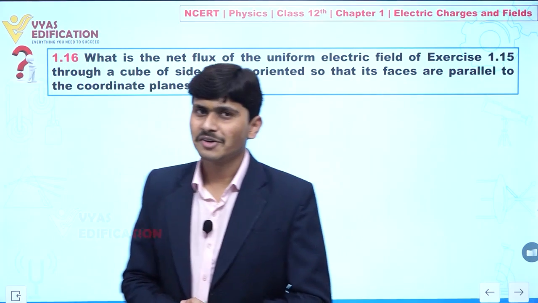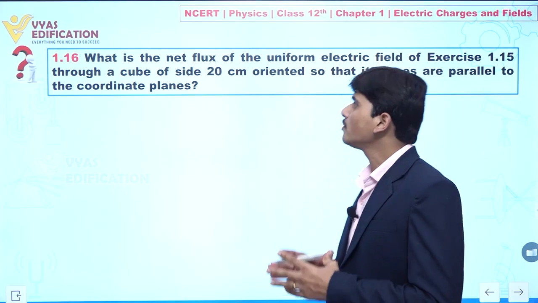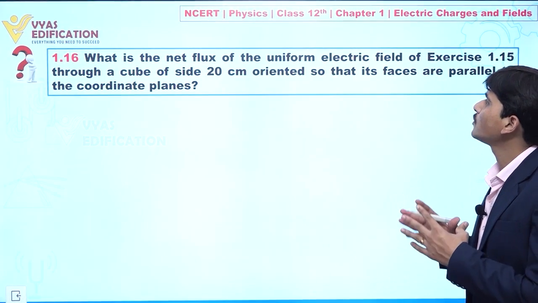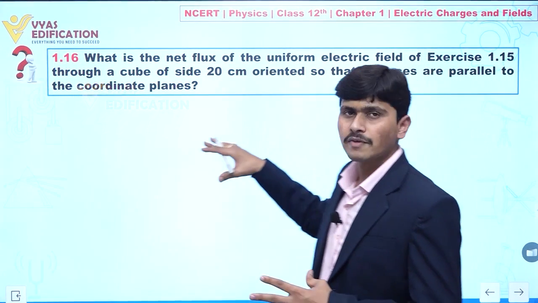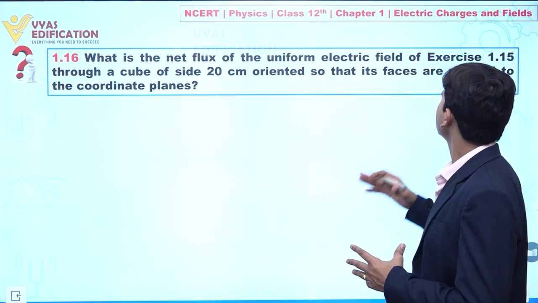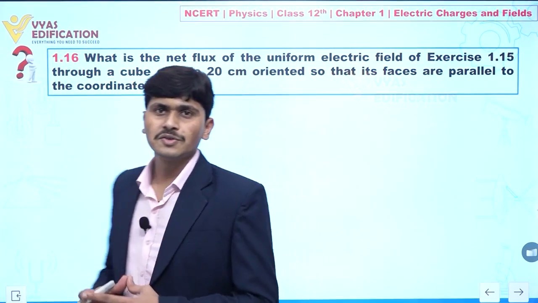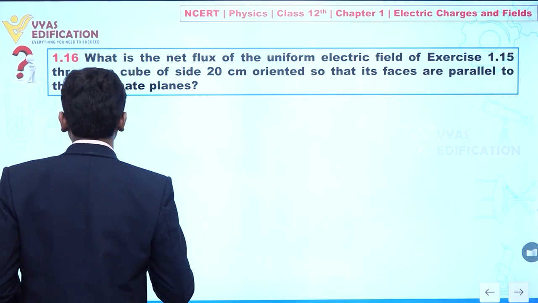Now dear student, we are going to discuss question number 1.16. In this question it is given, what is the net flux of the uniform electric field of example 1.15 through a cube of side 20 centimeter oriented so that its faces are parallel to the coordinate planes? Clear? So now the situation is given like this.